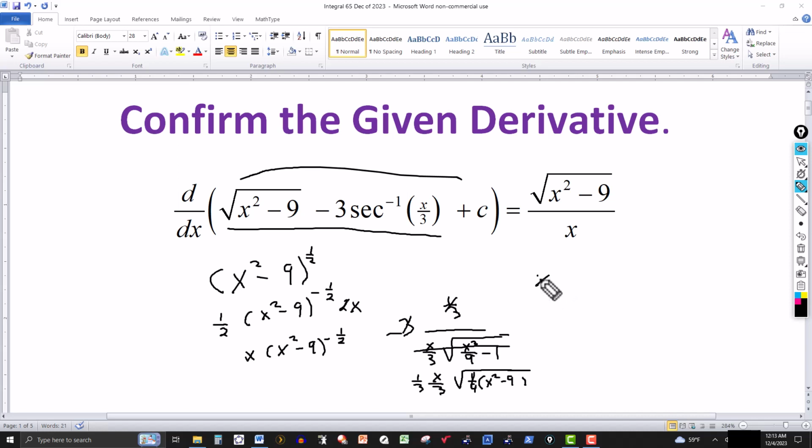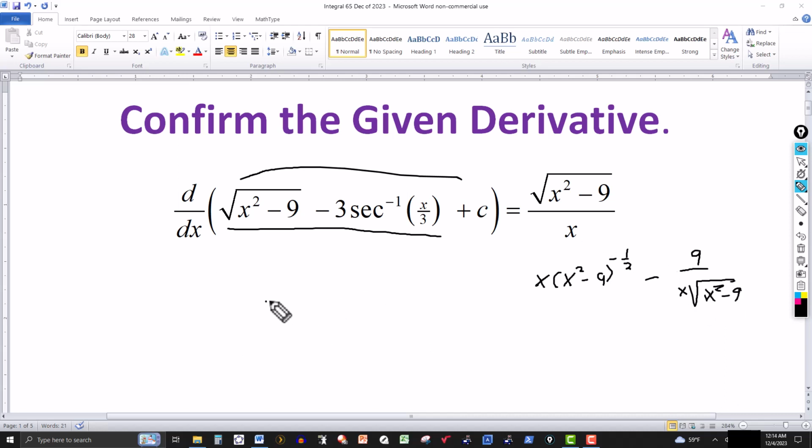So what I have left is this. Let me rewrite what I have over here: x squared minus 9 to the minus 1/2. And then multiplying numerator and denominator by 9, I get a minus 9 on top, the x stays there, and then I have the square root of x squared minus 9.